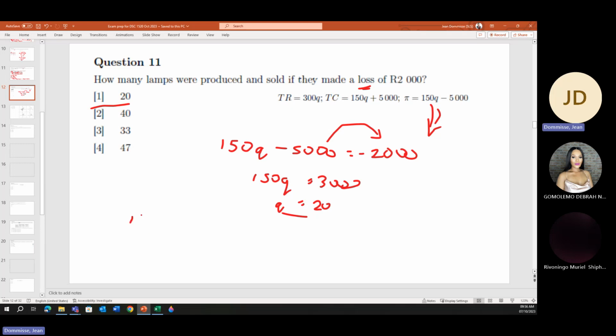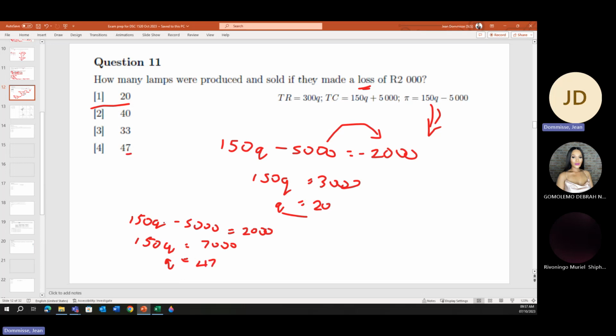Look at if you have done 150Q minus 5,000, and instead of saying negative 2,000, you just said 2,000. Then you go through the whole process the same. 150Q will be equal to 7,000. So then if you say 7,000 divided by 150, you get an answer of 47.